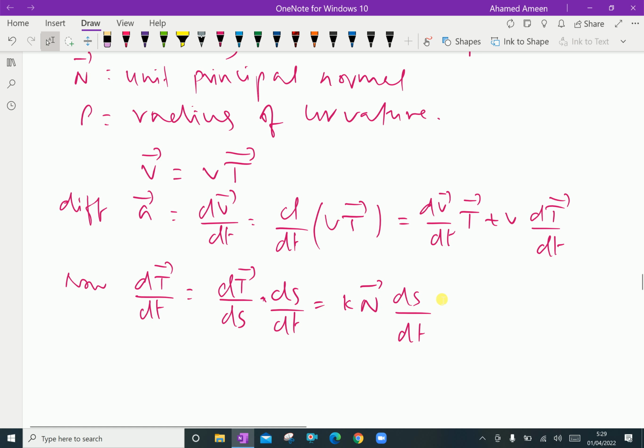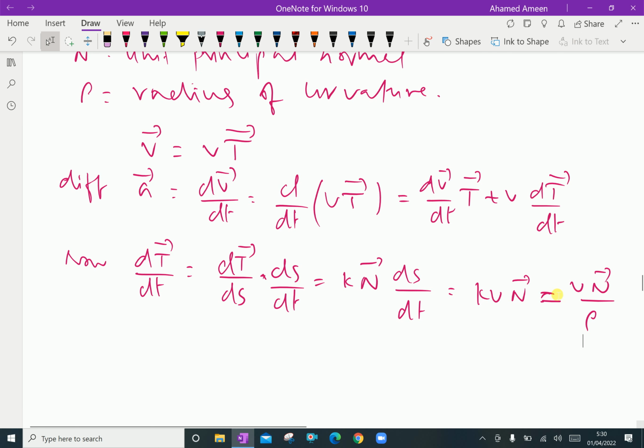That means dt by ds is k into n vector. Now k ds by dt is v, so this is further equal to v n vector over rho, because k is 1 over rho.